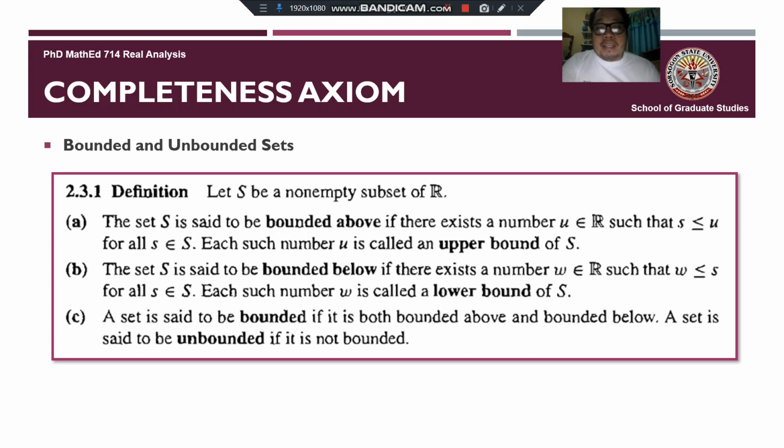So it means that it satisfies the conditions for letter A and letter B.